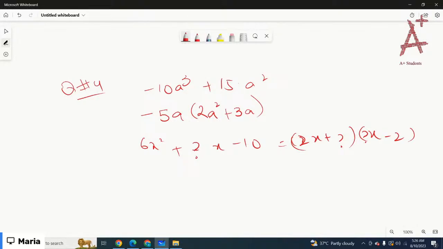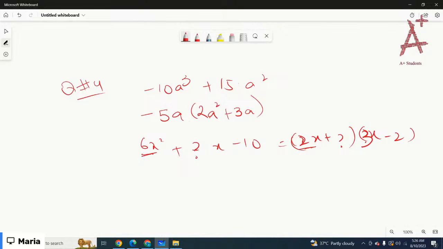Let's see which one is missing. You have 6x squared, and you are given 2x here. So 2 times 3 is 6, that means this one is 3.